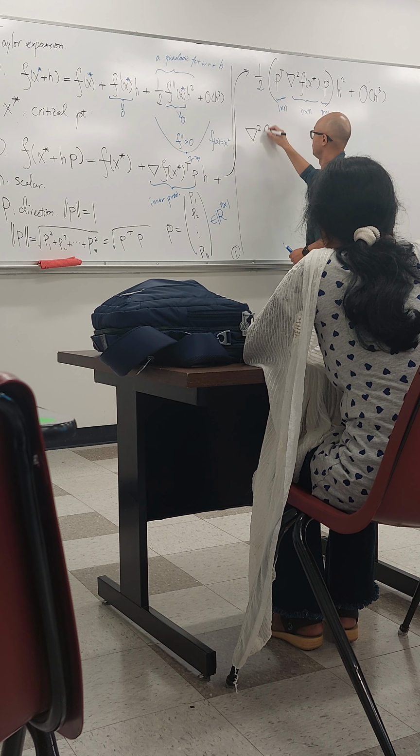So let's assume x is a vector that is x1, x2, to x sub n. So this is in Rn. All right, so this is an n by n matrix.